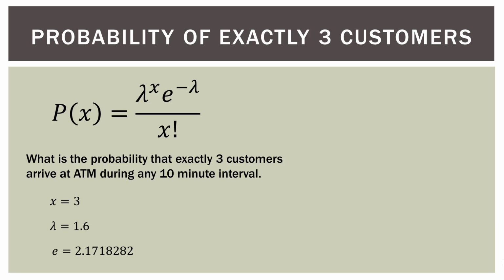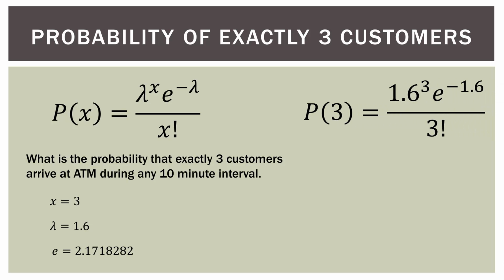Let's go ahead and substitute them into the formula so we can find our answer. So the probability of exactly 3 customers equals lambda, which is 1.6, raised to the x power, which is 3. So 1.6 raised to the 3rd power, times e raised to the negative lambda power, so e to the negative 1.6. And all that is divided by 3 factorial.